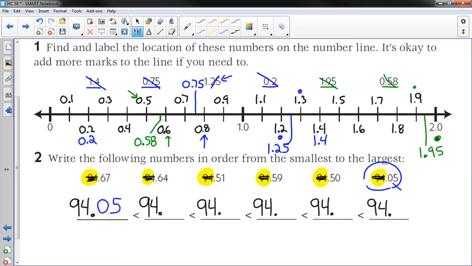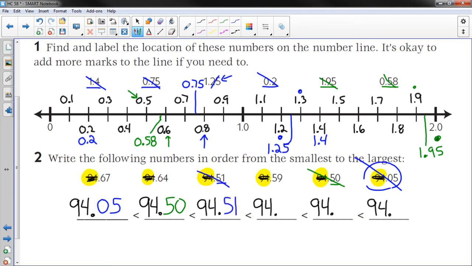And I'll cross it out. I'm going to alternate colors so you guys know. Now I'm looking for the next smallest number. I got 67, 64, 51, 59, and I have a 50. 50 is the next smallest. So I'm just going to put a 50 here. And I'm going to cross this out. What's the next smallest number? 67, 64, 51, 59, 51 is.